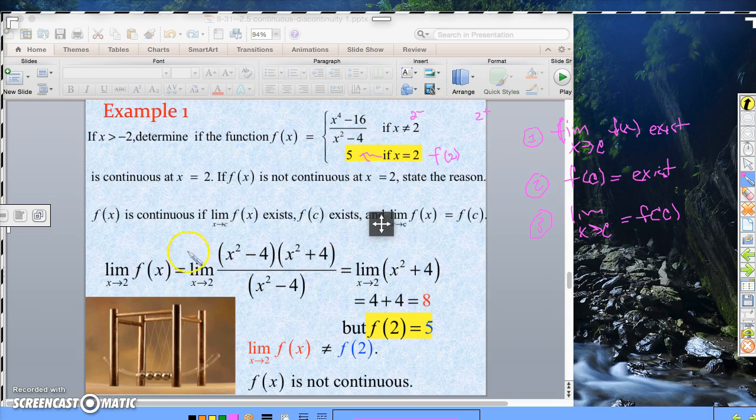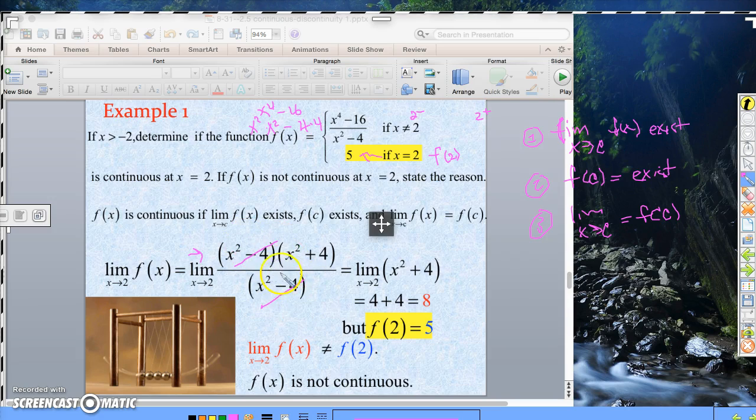And so you can see here, when I simplified, x to the 4th minus 16 is actually a difference of two perfect squares. By factoring a difference of two squares, you'll get x squared minus 4 times x squared plus 4, divided by x squared minus 4, and therefore x squared minus 4 will reduce.